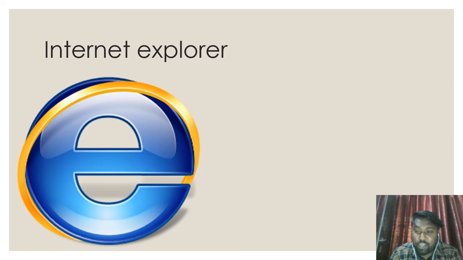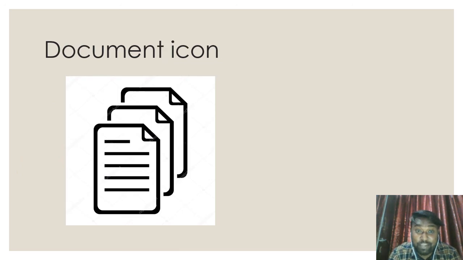The next one we are going to learn is the document icon. The document icon means the document file, Word document, Notepad, WordPad. So these are all the files that will be saved like this. Those files are known as document icons. In these kinds of documents we can create the document, create the file, and also we can save these documents in a folder.